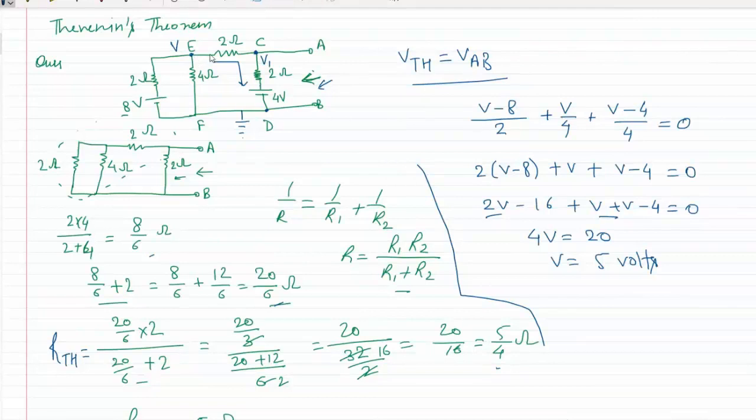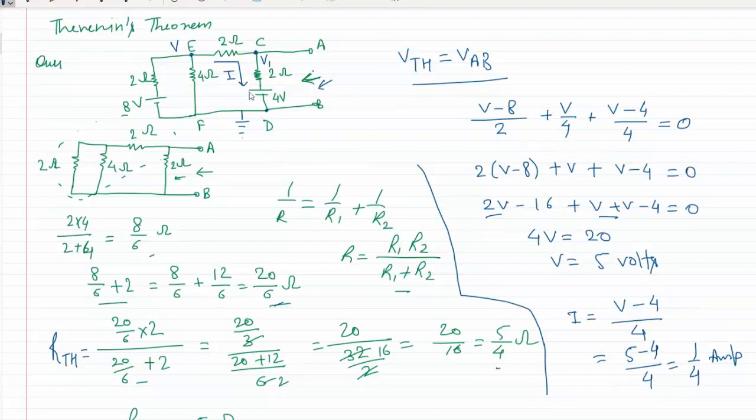Calculate the current in this direction. What is the current here? (V minus 4) upon 4. Suppose I give it the name I. So I is equal to (V minus 4) upon 4. V is 5 volts, so (5 minus 4) upon 4 is equal to 1 upon 4 ampere. This is the current going in this direction.